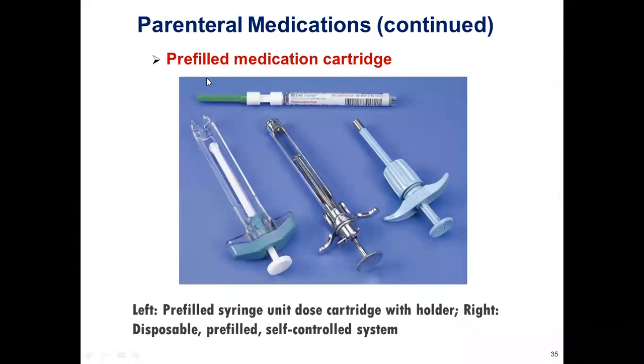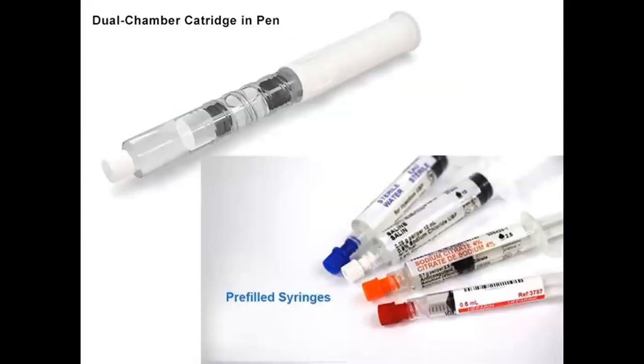And in this picture, a prefilled needle, medication cartridge; this one is metallic, but some are disposable. Prefilled syringe, unit dose cartridge with holder, also disposable or self-contained systems.